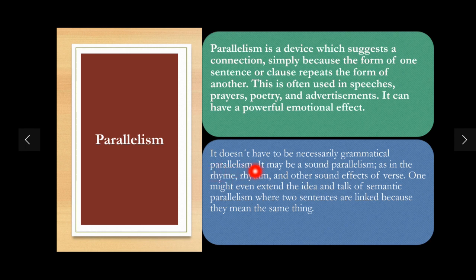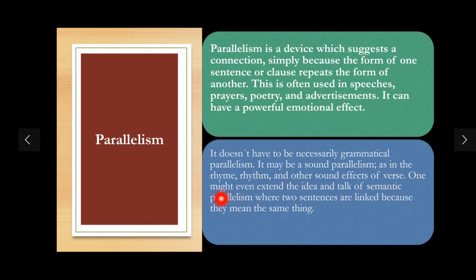It doesn't have to be necessarily grammatical parallelism. It may be grammatical parallelism, or it may be sound parallelism. It is not important that it will always be grammatical parallelism. Sometimes it may be grammatical, sometimes it may be sound parallelism, as in the rhyme, rhythm, and other sound effects of words.